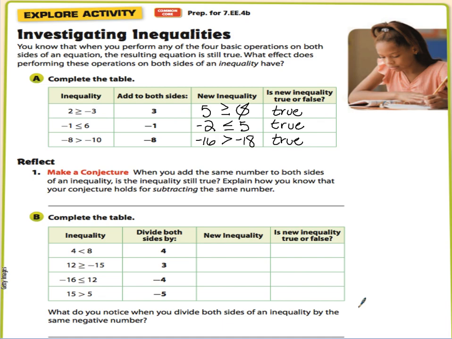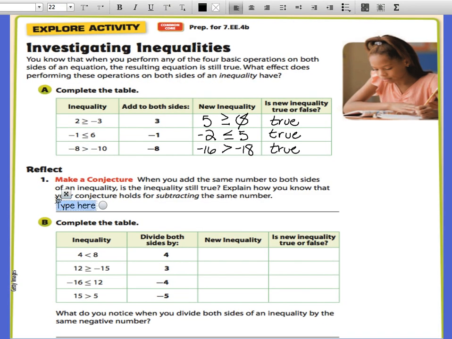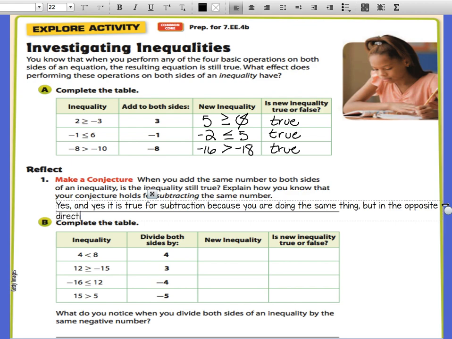And so should it work with subtraction? Absolutely, because you're doing the same thing but in the opposite direction. So absolutely it should still work. So our answer here is yes. And yes, it is true for subtraction because you are doing the same thing, but in the opposite direction.